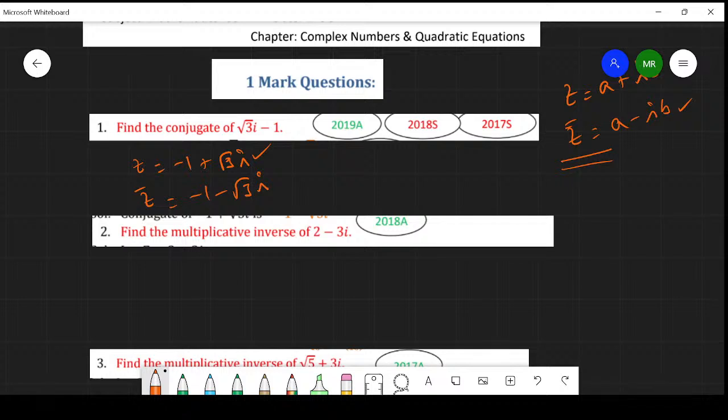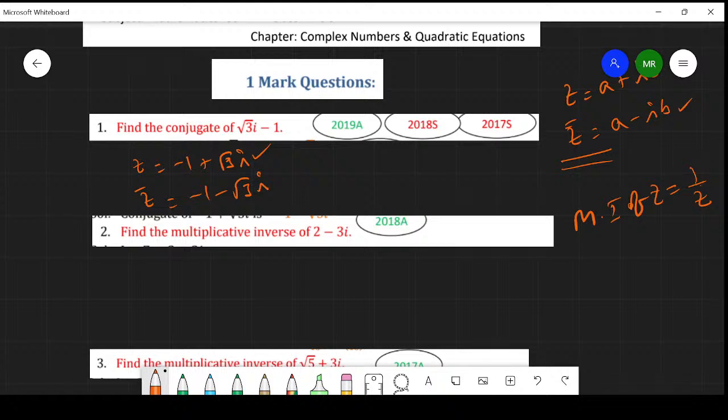The multiplicative inverse of z is 1 by z. After writing 1 by z, I should express it in terms of a plus ib.